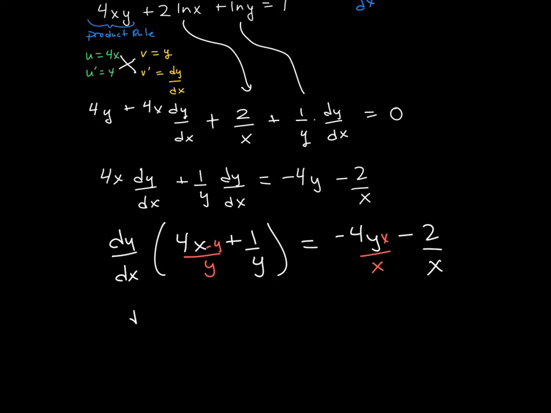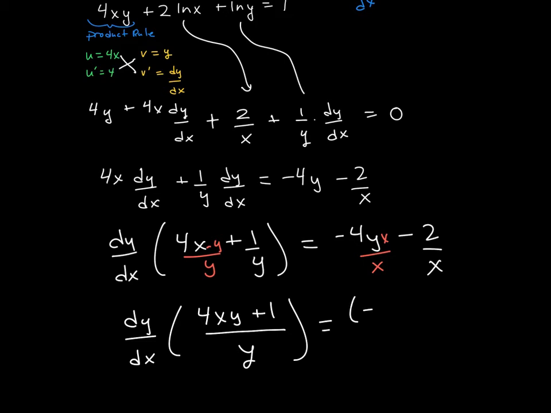Now I have dy over dx times 4xy plus 1 all over y is equal to negative 4y, let me make that xy, negative 4xy minus 2 all over x.